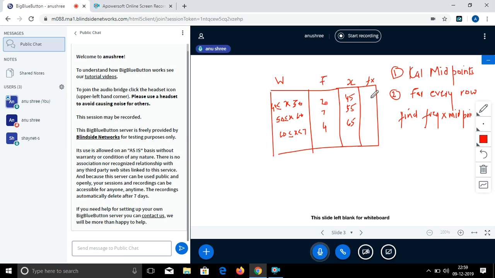That means here 45 multiplied by 2, that means 90, and so on. You have to calculate 55 multiplied by 7, 65 multiplied by 4. That you have to do for every row.